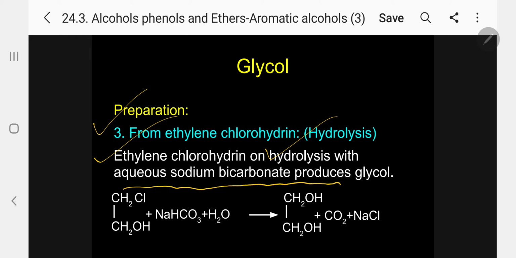In the first case it was aqueous sodium carbonate; in this case, aqueous sodium bicarbonate. Kindly follow. The common name is ethylene chlorohydrin, and the IUPAC name is 2-chloroethanol. This produces glycol, carbon dioxide and sodium chloride.